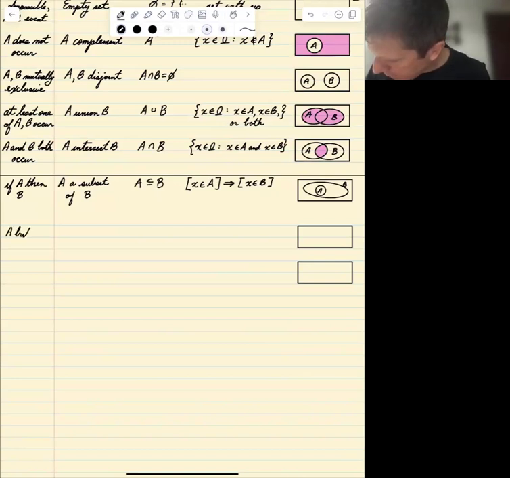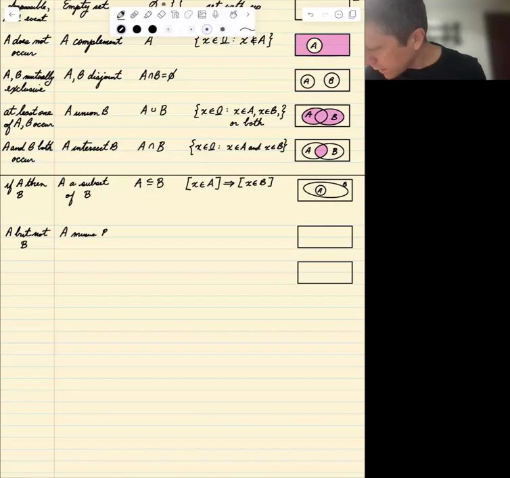Next is A but not B. One way to say this is A minus B. So it's the stuff that's in A that is not in B. So we can write this as A minus B as sets. What is this equal to though?